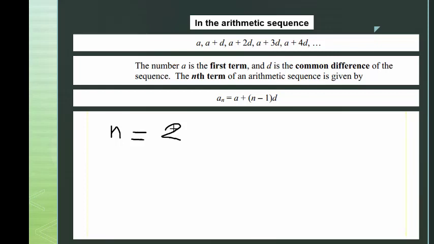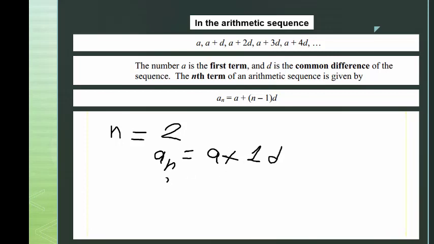So you will get the second term by beginning with the first one here, which is a, and adding n minus 1, which is here 1, multiplied by d, which is the common difference.